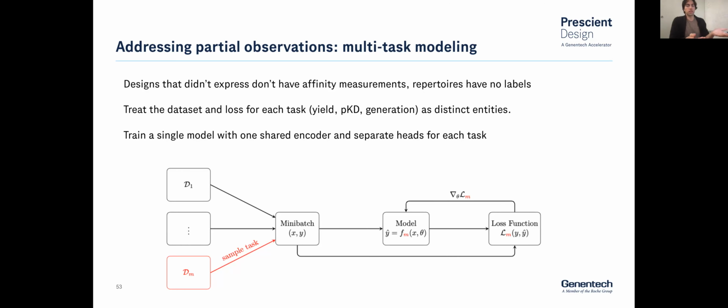And so in order to train a single model on these partially disjoint data sets, we're going to use multitask learning. We're going to use a very simple variant of it, where for every gradient update of the model, you randomly sample a task and then randomly draw a mini batch from the set of points for which you have the appropriate labels for that task.